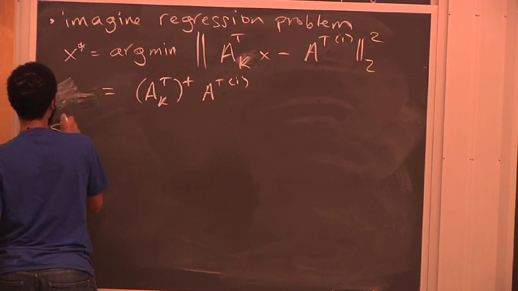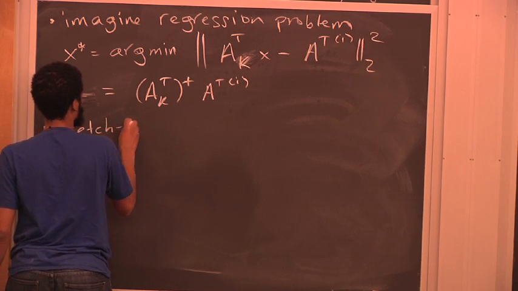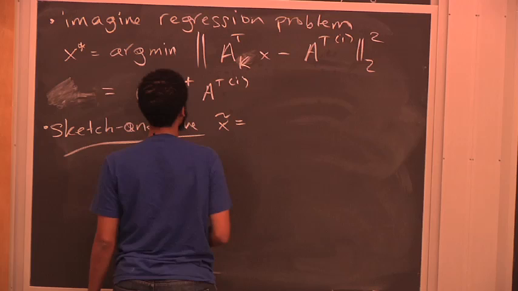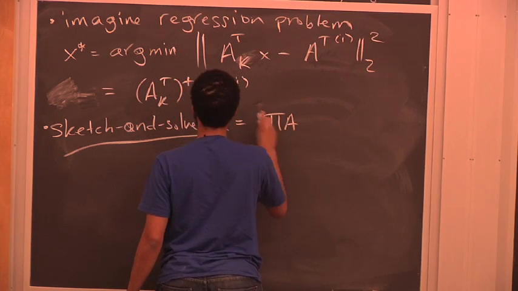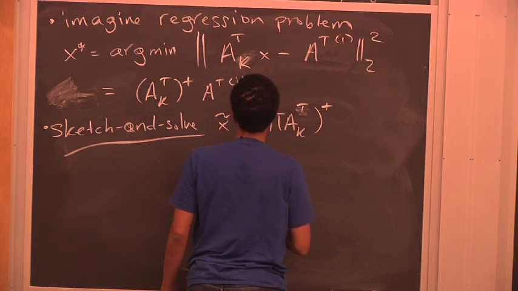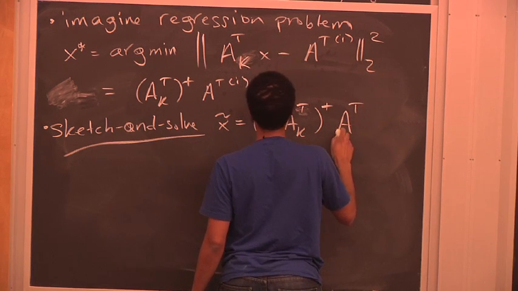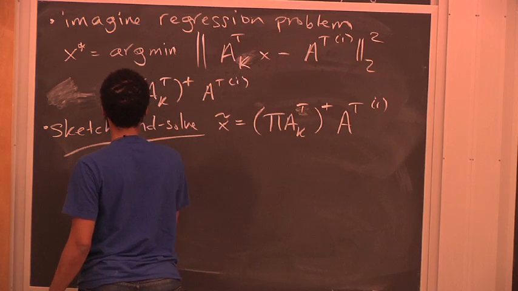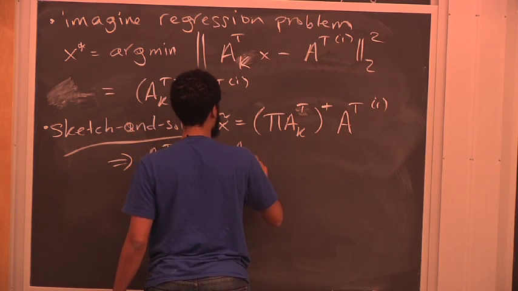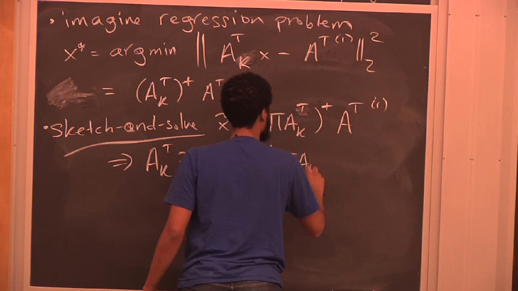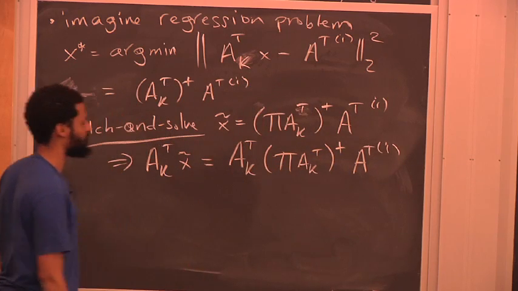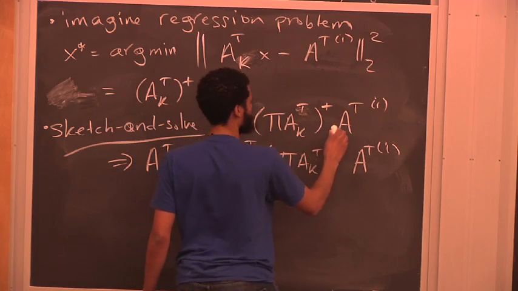But if you do sketch and solve, instead you get X tilde, which is pi AK transpose pseudo inverse A transpose i, which implies that AK transpose X tilde is exactly AK transpose times this matrix. Pi A transpose. Sorry, there's a pi here.